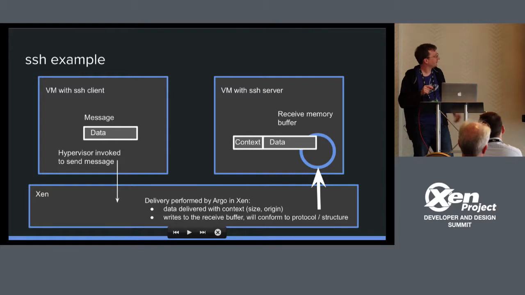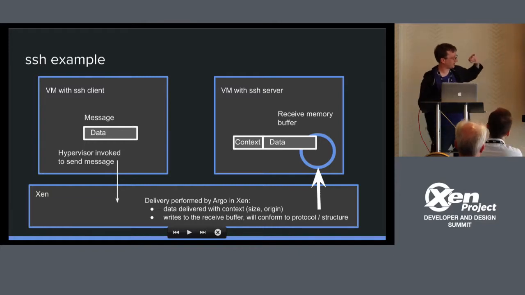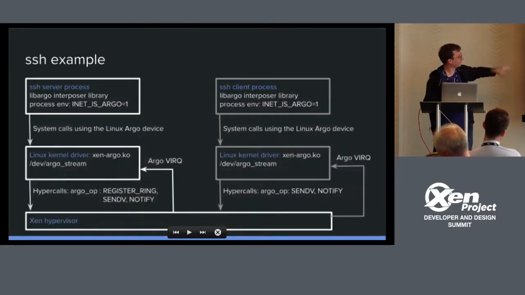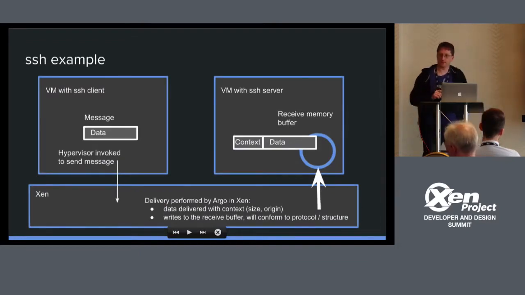Okay, so this is basically just a specialization of the diagram I showed earlier about HMX. When you actually have Argo working this way, it's the hypervisor performing these data copies into the registered ring buffer.